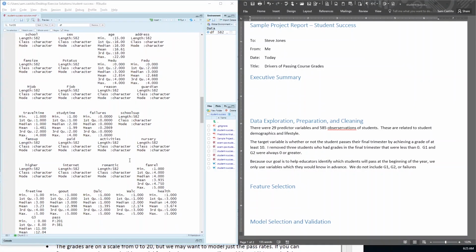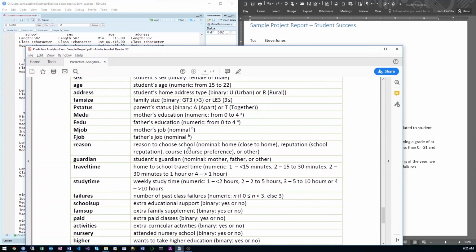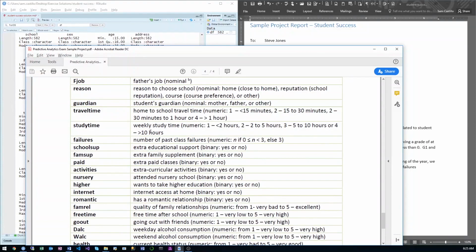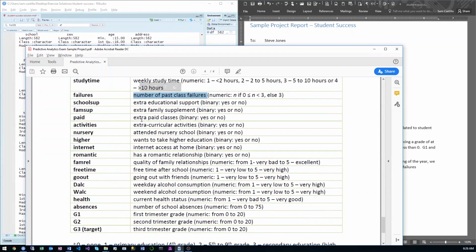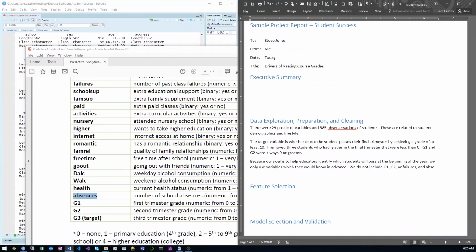Other variables: school is fine, sex is fine, age is fine, address, family size, parent status, education status, reason to choose school, guardian, travel time, study time. One could argue that these would not be known in advance because they could change throughout the year. Failures: we don't know failures of the current school year until the end of the school year. Internet, romance, these other variables are fine, except for absences, and absences would not be known in advance.